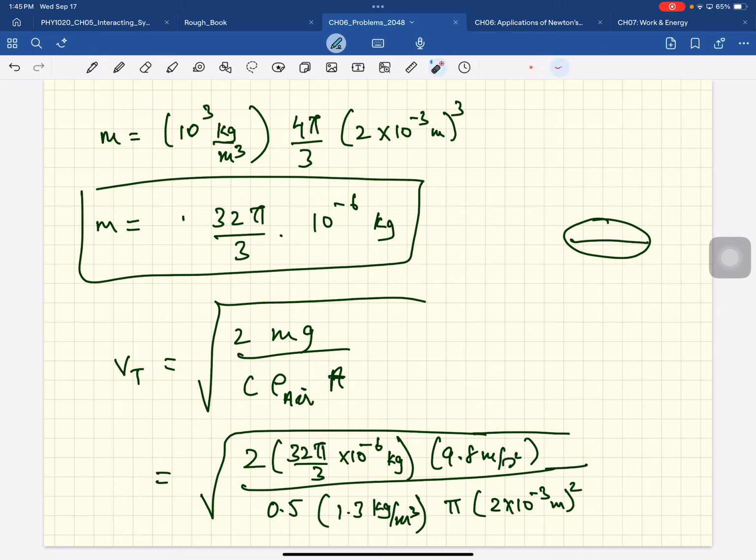All right, so this is a mess, but we'll figure it out. That's 10 to the minus 6, which cancels with 10 to the minus 6.